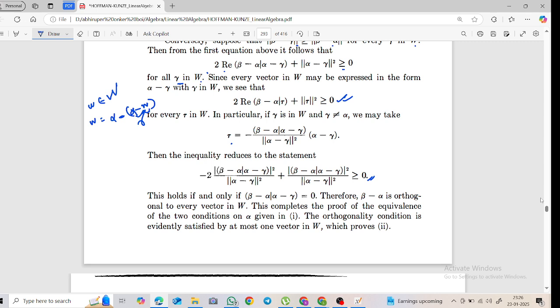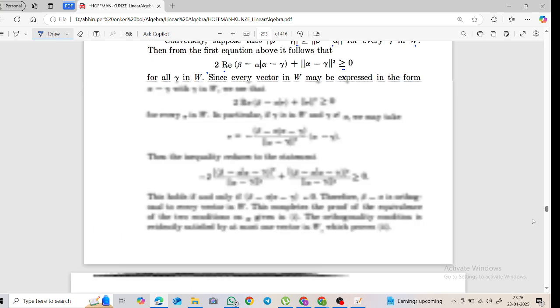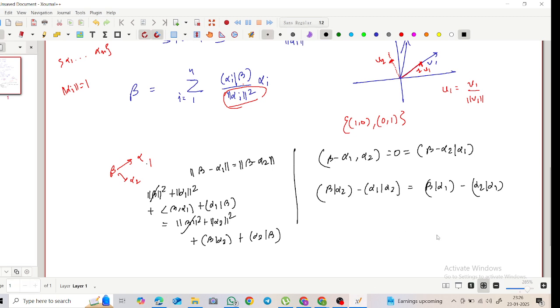Wait a minute. This is orthogonal to every vector in W. At most one vector. The orthogonality condition is satisfied by at most one vector. Why? Yeah, it will happen, but how is it so obvious?